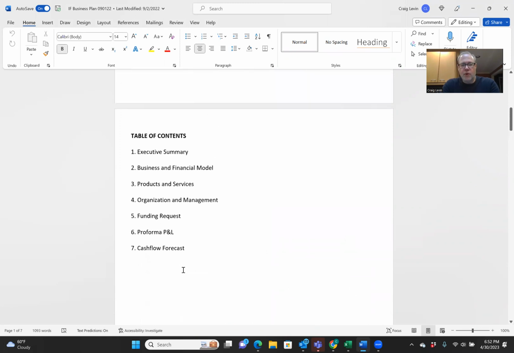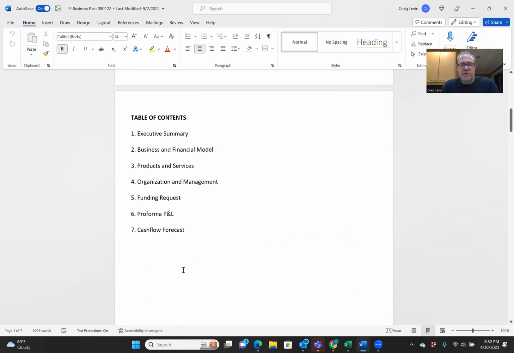And they asked for these 7 things, which is pretty par for the course for banks. So an executive summary talking about what the business is about, a business and financial model, which is similar to what I was showing you.